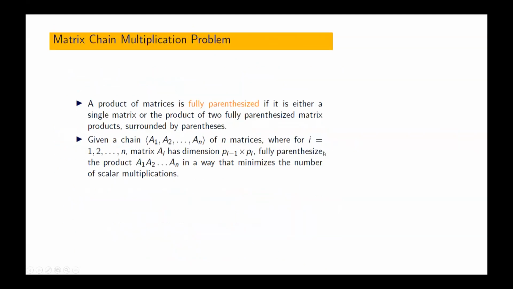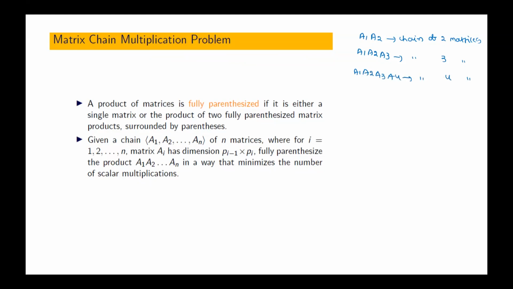Now consider a problem, the matrix chain multiplication problem. So the problem here is we are given a chain of matrices like this: A1, A2, that is a chain of two matrices; A1, A2, A3, a chain of three matrices; A1, A2, A3, A4, a chain of four matrices.